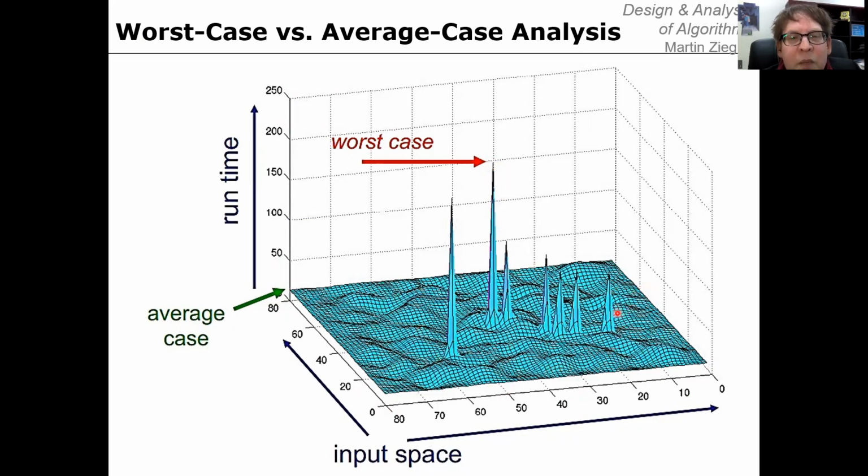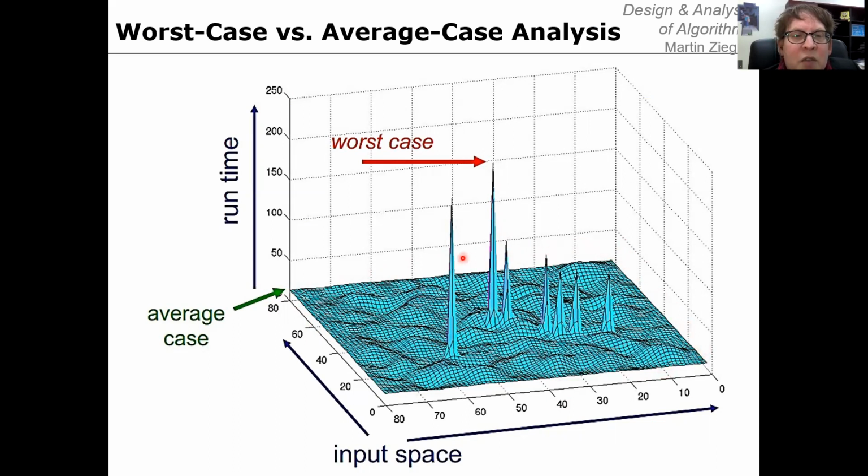Intuitively in this picture, most of the time the algorithm is actually very good, right? So worst case analysis is this peak, but this is overly pessimistic, overly conservative, whereas average case is somewhere like here, right? If you take the average height, since these peaks are very thin, they contribute very little to the average height.